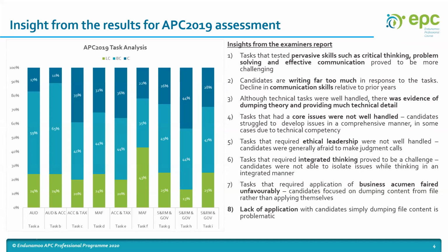So they flagged that in the APC 2019, I think they said that the longest response was about 60 pages. And 60 pages probably was not even, at the end of the day, a competent outcome for that particular response.